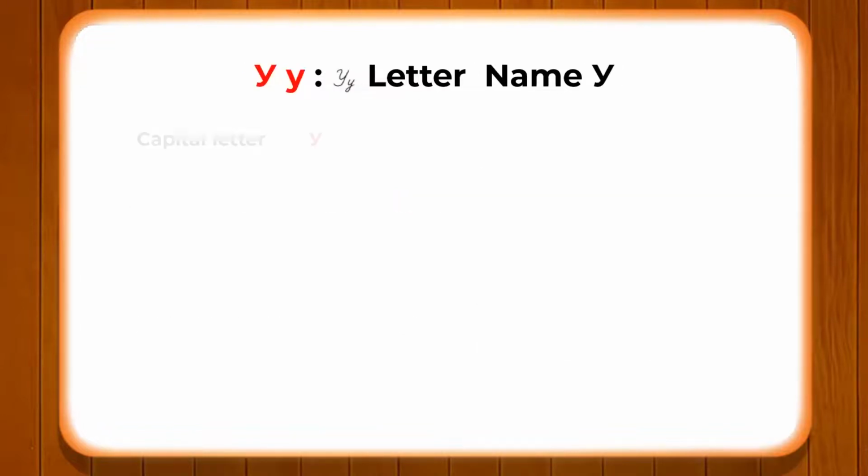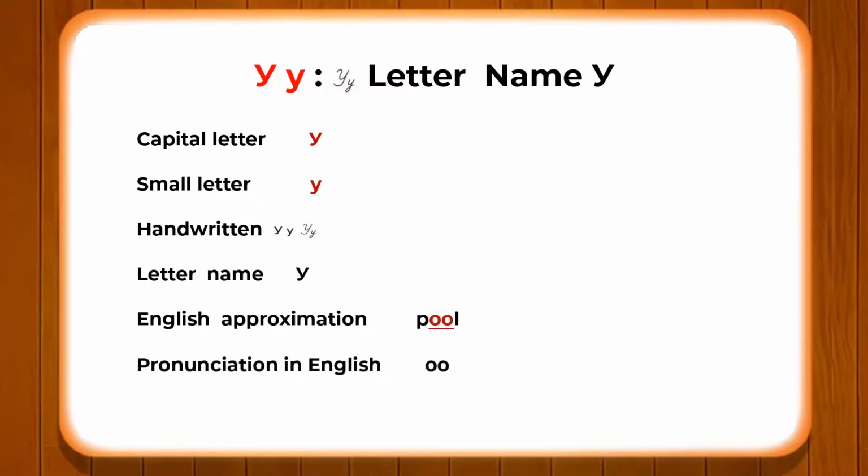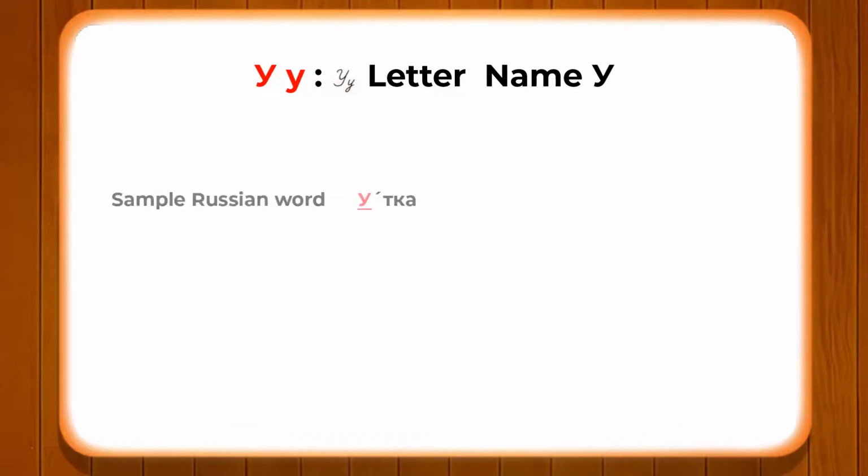Alright, the next letter which we are going to learn is known as U. The English approximation word we have used so that you understand the sound of this particular letter is U in pool. A sample Russian word we have used here is U in utka, which means duck.